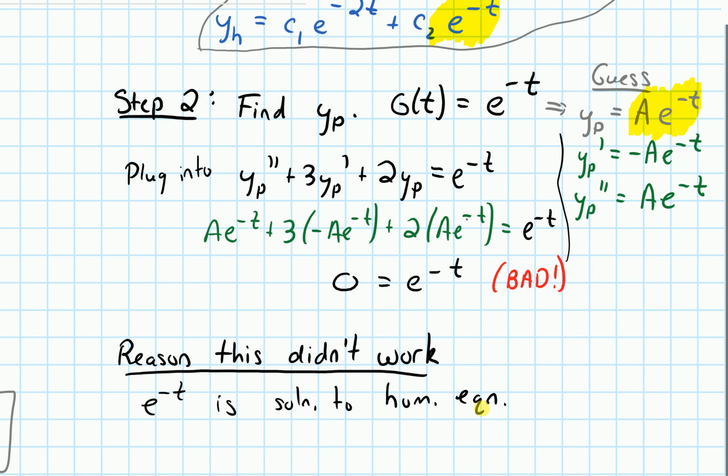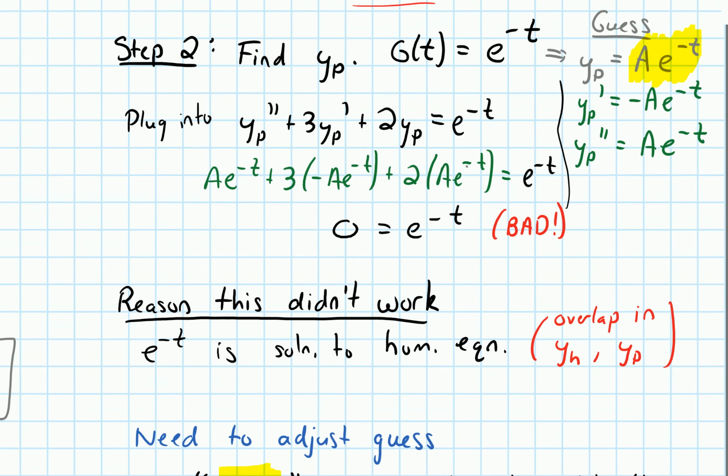To describe this another way, there's an overlap between y h, the homogeneous solution, and y p, what we formed our guess as. As a result, we need to adjust our guess.